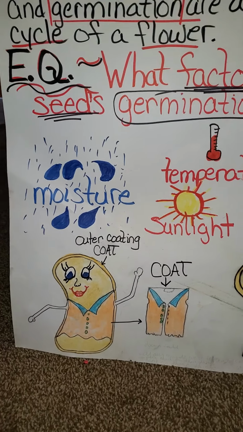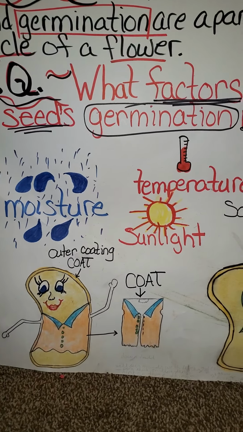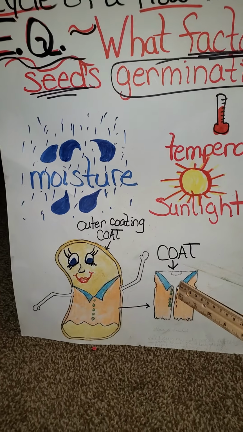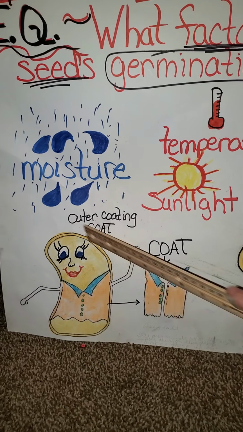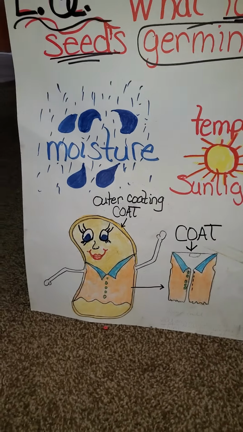Protect our insides, our muscles, our organs. So a seed has a protective coat all the way around him or her. I kind of dreamed like a her, didn't I?